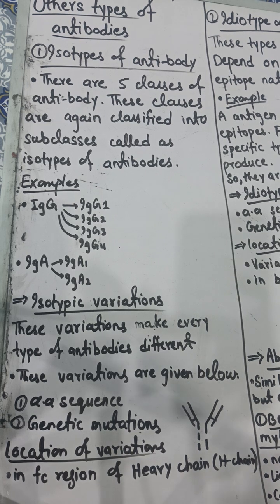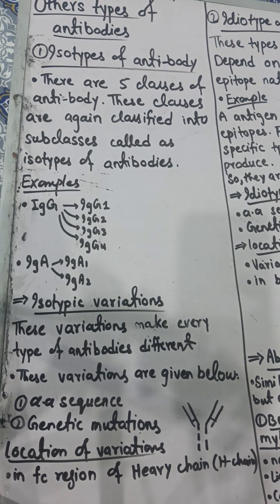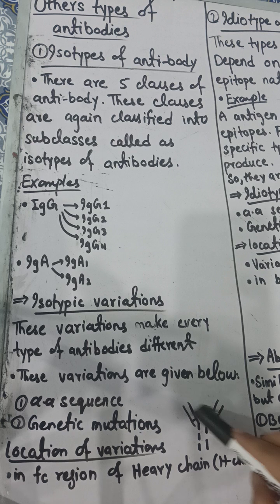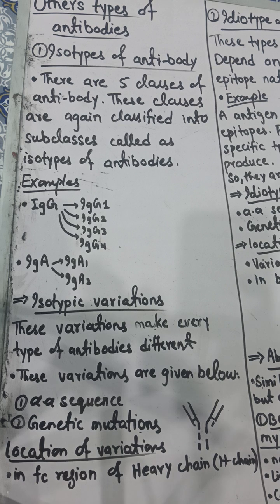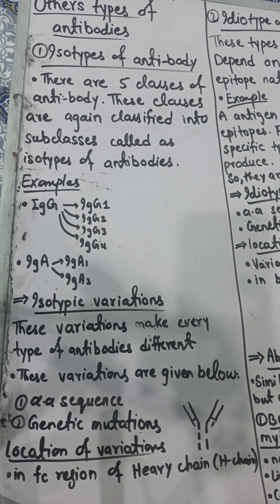As I have explained, the variation occurs in the heavy chain. This is a heavy chain, and this is your constant region and this is your variable region. I have explained how the variation occurs in the constant region with the help of a diagram, so that you can clearly memorize it.